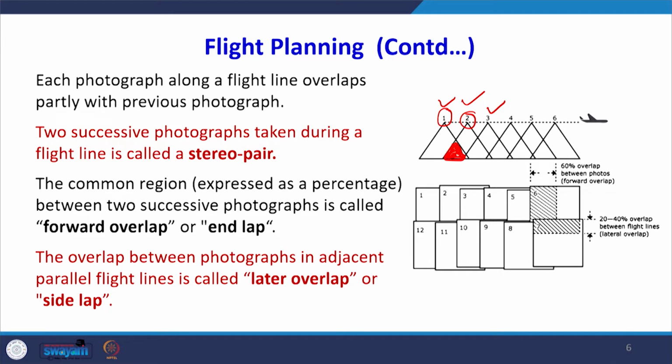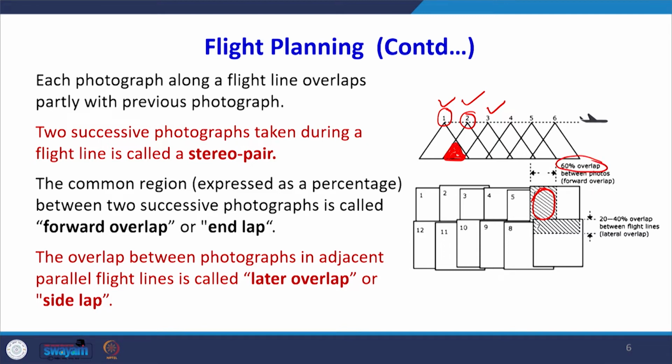If we look at the plan, this is the area shown by the dashed line. This is the forward overlap or end lap, and it is normally expressed as a percentage. Normally it is 60% or more.